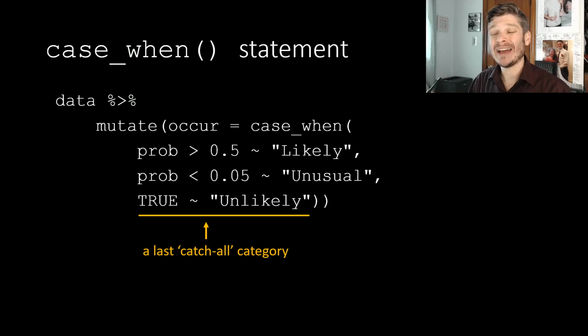So again, we had it when we looked at the else-if statements in the previous video on control flow. We need that last catch-all category, which used to be else. But in this case, when we're using case when, that last catch-all category, the easiest way to set it up is just to have the true. Because again, if we don't have anything, well, we won't put anything in the column, and we'll have missing data, and yeah, we don't want that. We need to make sure we have that last catch-all category.